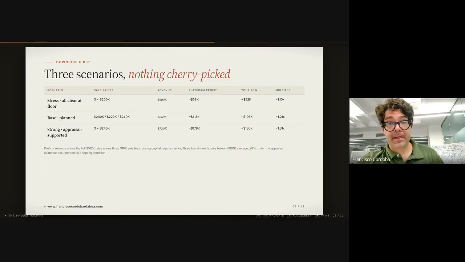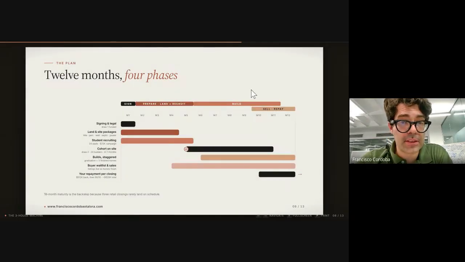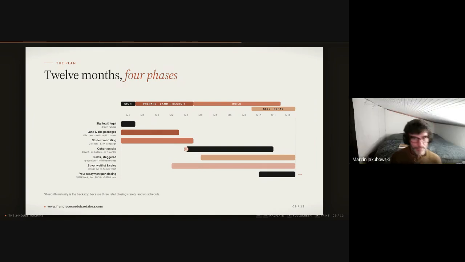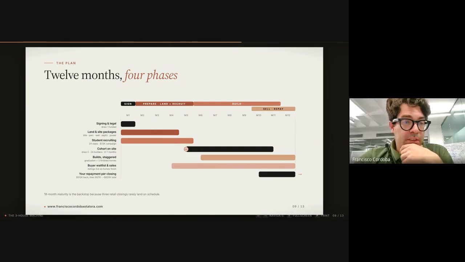And I really like what you're saying. So I created the 12 months by phases. For example, we find an investor, we sign and do all the legal stuff for a month. I believe it should not take more than a month. Then he puts some money, not all the money. We need to calculate exactly how much, because, for example, we don't need the money for materials now, correct?